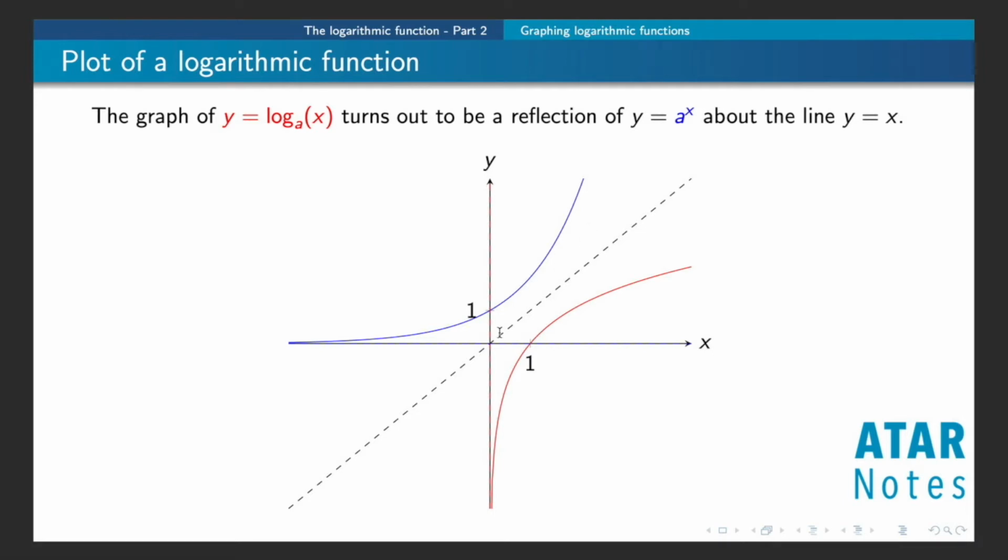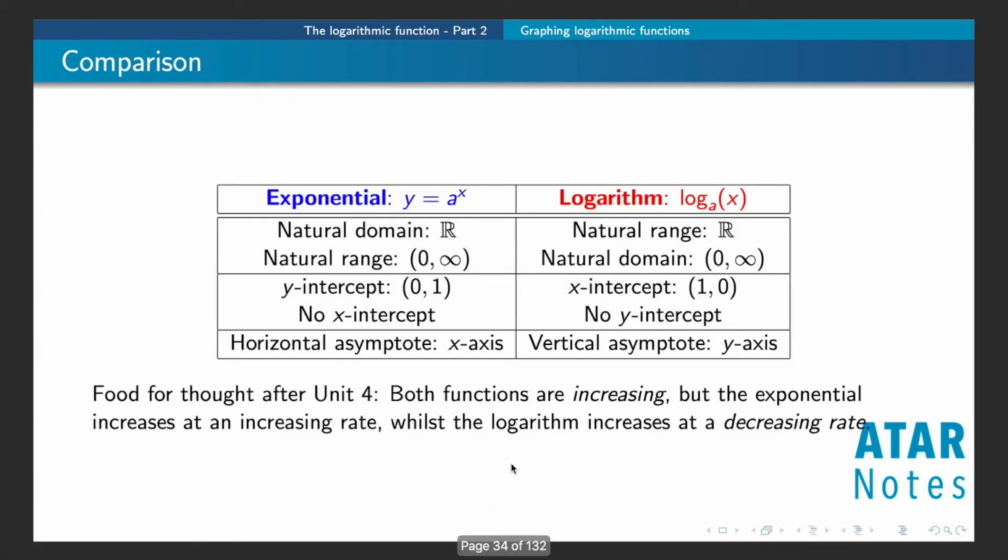It turns out that for the logarithm, the range is going to be all real y. Furthermore, the range of the exponential was all y greater than 0. For the domain of the logarithm that becomes x greater than 0 instead. So in a way, the roles of x and y do swap, and that's basically what I've summarized in this table here.